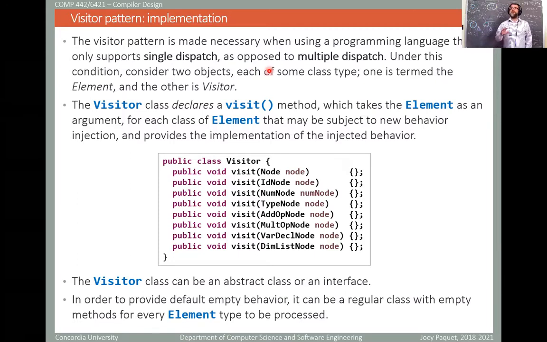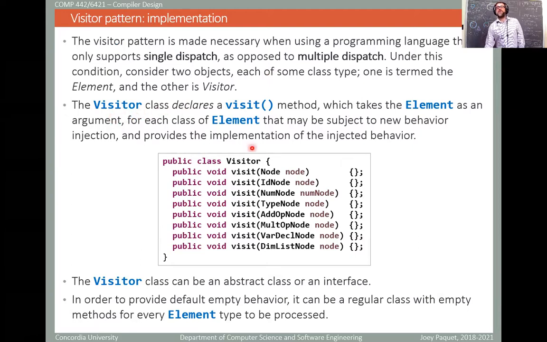So here, the visitor pattern assumes you have only single dispatch and is simulating multiple dispatch using two steps of single dispatch. Okay, so close parenthesis on this.